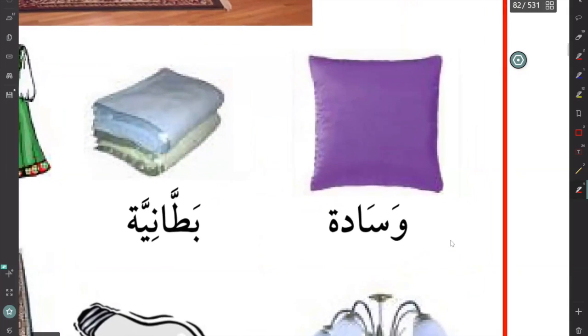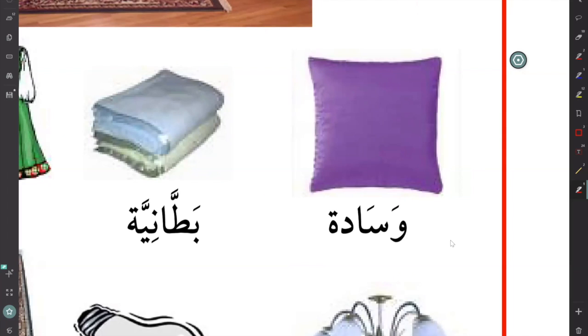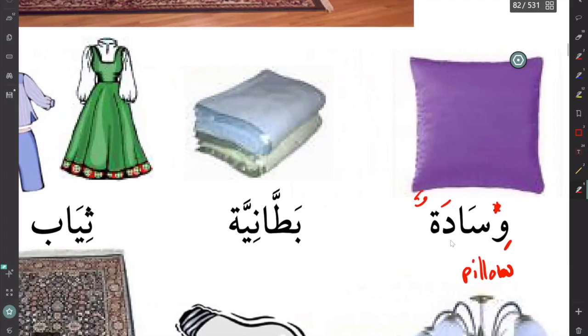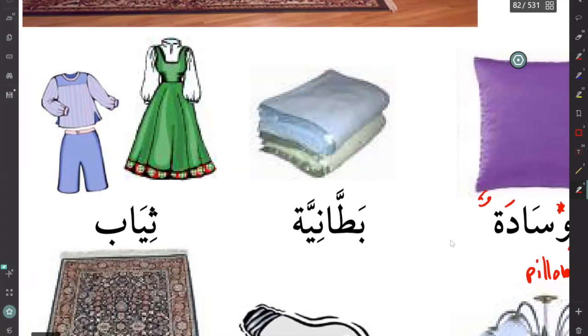So the first word we have here is wisada. I'm not sure if we can say wasada, but the pronunciation is wisada. Wisadatun is a pillow. Battaniya is your blanket.